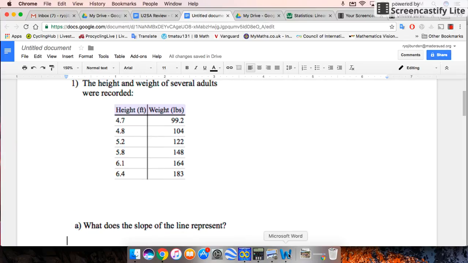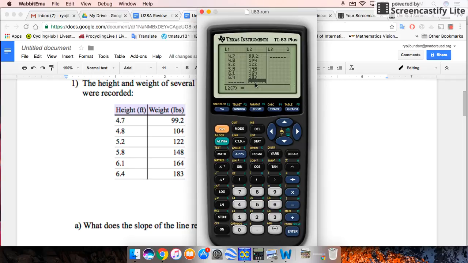So what I've done is I've already typed in our values into the graphing calculator. And then what you do is you click Stat, move over to Calc. Well, just a refresher, just so you know how to type in the values: you click Stat, Edit, type in your two lists.